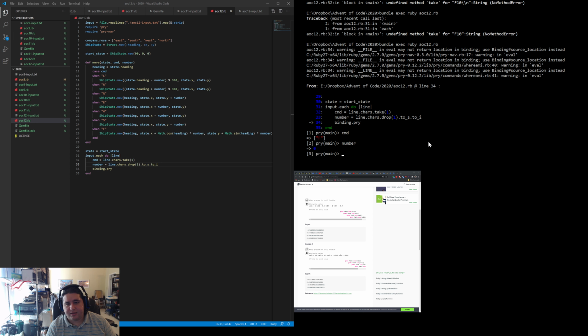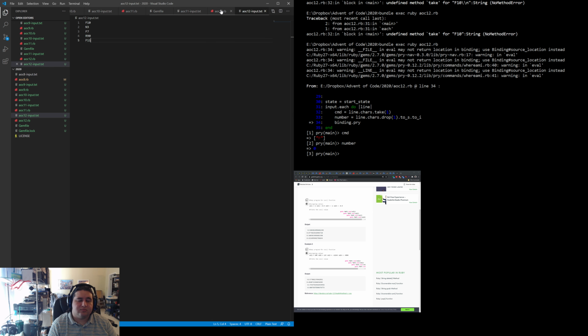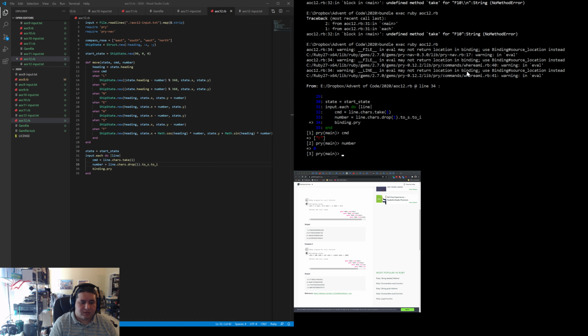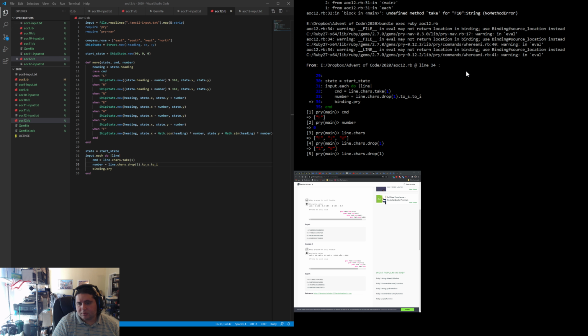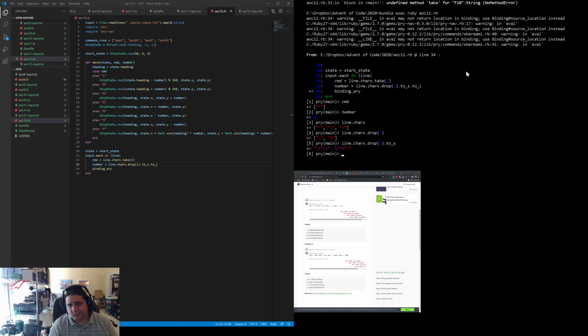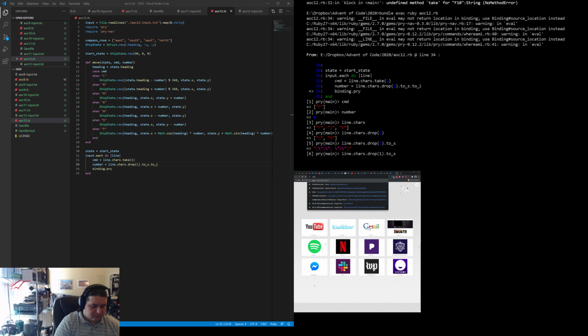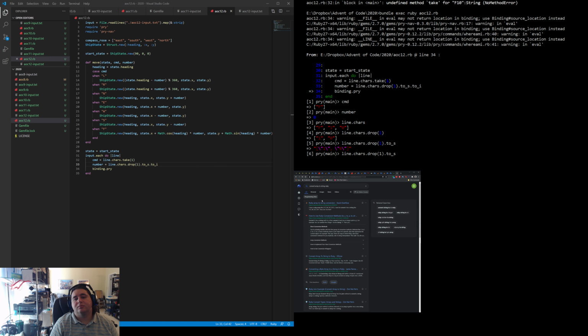So I got an array containing f and the numbers 0. Line.chars dot drop 1 dot to s. Convert array to string Ruby. Of chars to string Ruby.